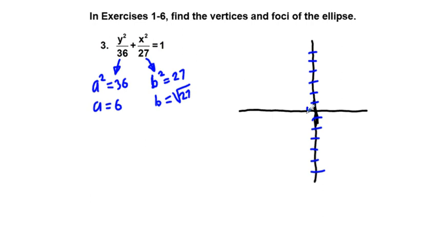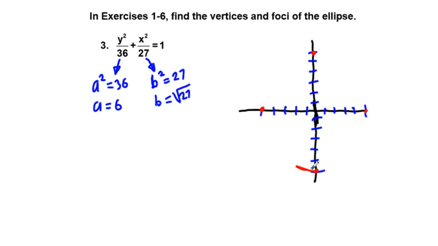So negative 1 through negative 5, and 1 through 5. And so our ellipse is going to look like this.